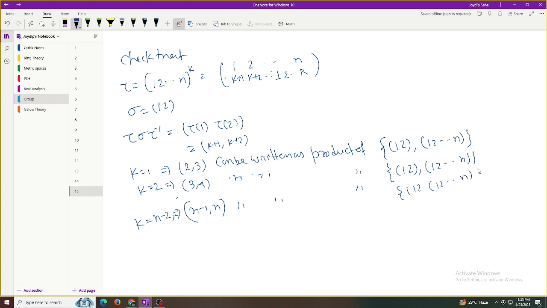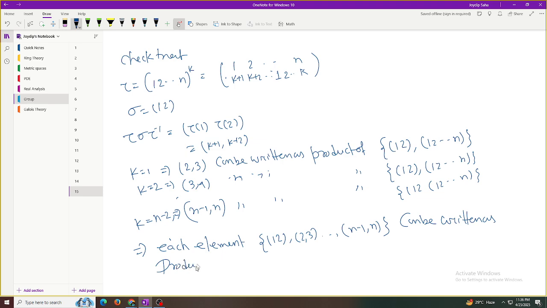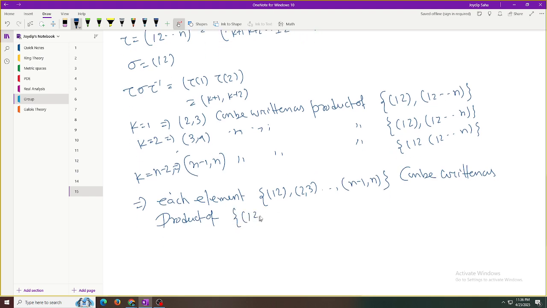(1 2) and (1 to n). So each element, (1 2) itself belongs to the set here, (2 3), ..., (n minus 1 n) can be written as a product of (1 2) and (1 to n). But this set is a generator.